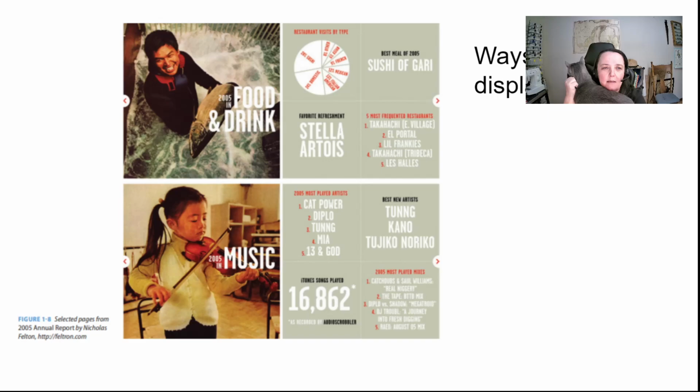So for example, he's got a pie chart showing his types of restaurant visits, and he's got a little list of the 5 most frequented restaurants, right? And you can see his choice of text size and text color to try to make this information really easily readable and understandable to someone who's just glancing through the book.